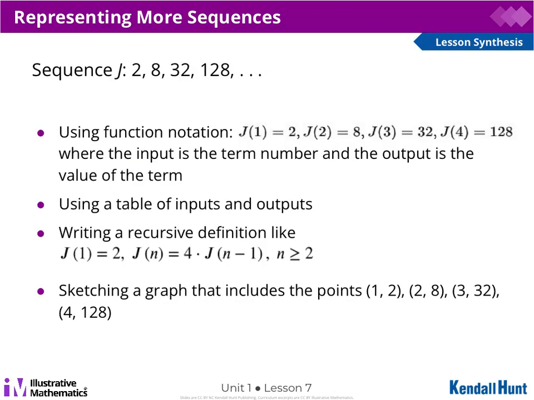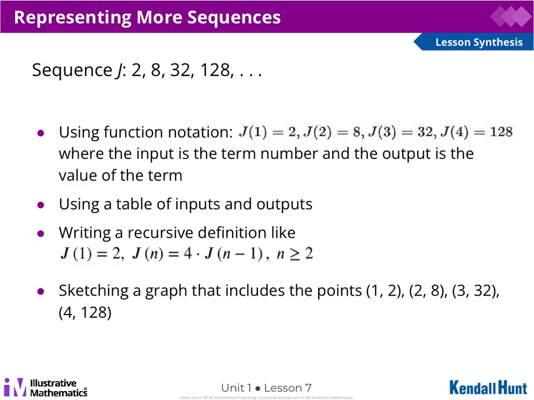Our lesson synthesis. Just like in the last lesson, one of the ideas of the last lesson was that, like Algebra 1, situations can be represented in 4 different ways: with an equation, a story, a data table, or a graph. You can represent a function in 4 different ways.